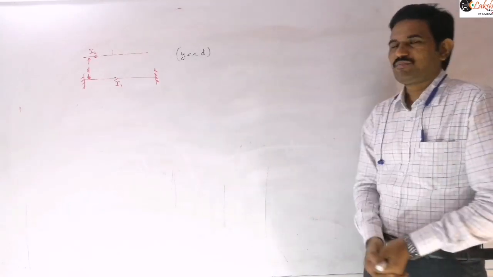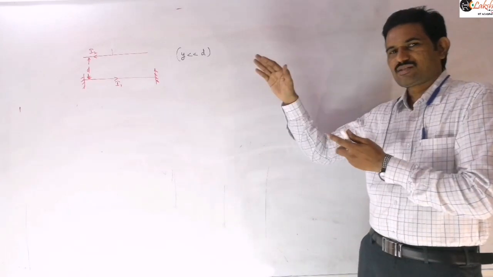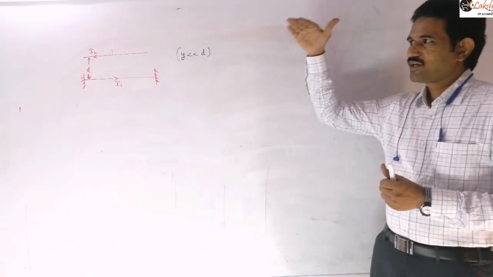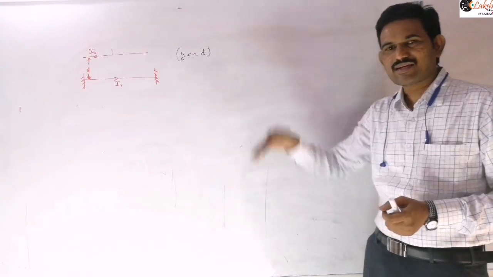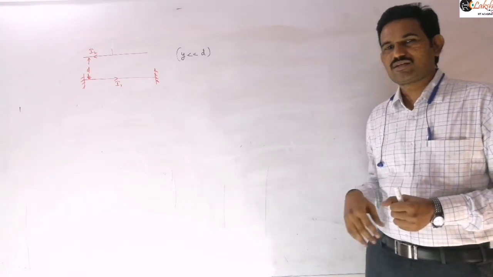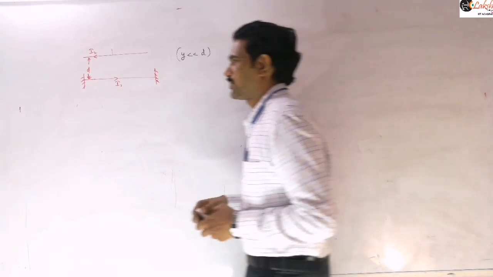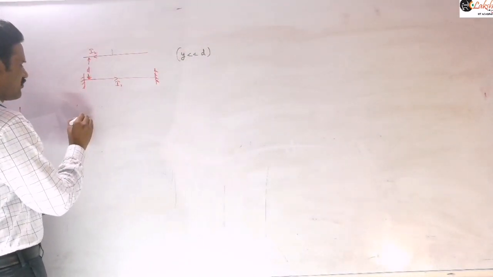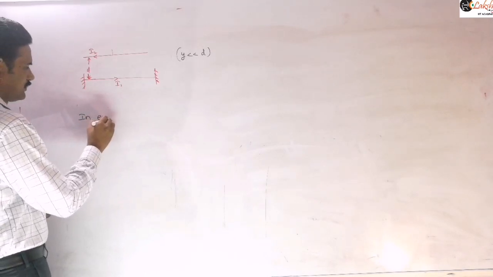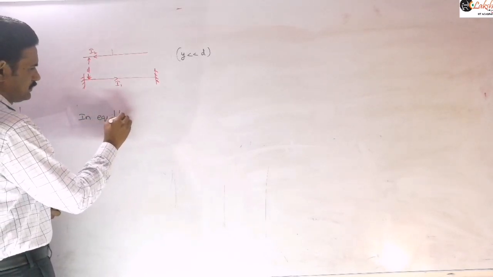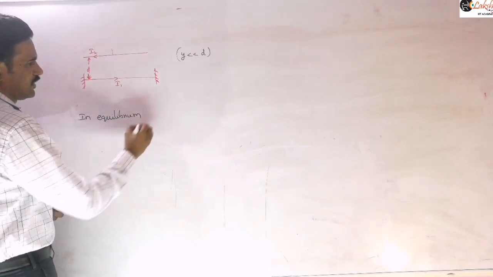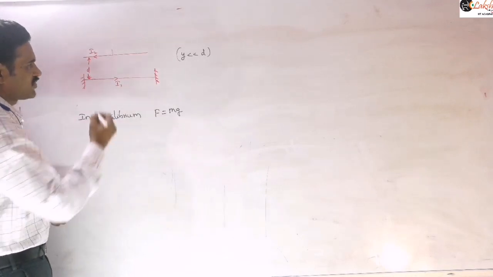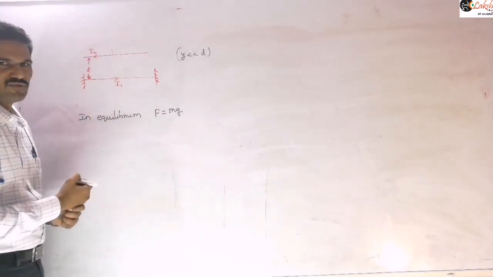Initially it is in equilibrium, and we discussed already that when it is in equilibrium, F is equal to mg, that should be balanced there. Now from that equilibrium position we are displacing it slightly in the downward direction, and then releasing it. Let us see what will happen. Initially, in equilibrium, F is equal to mg, because F will be in the upward direction and mg in the downward direction.